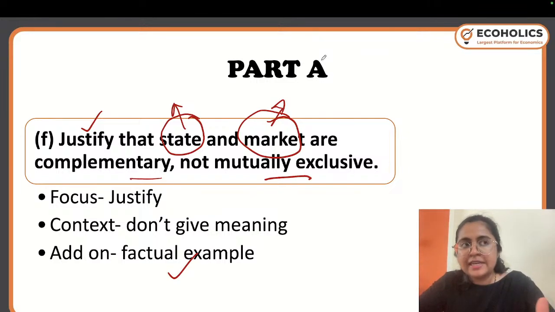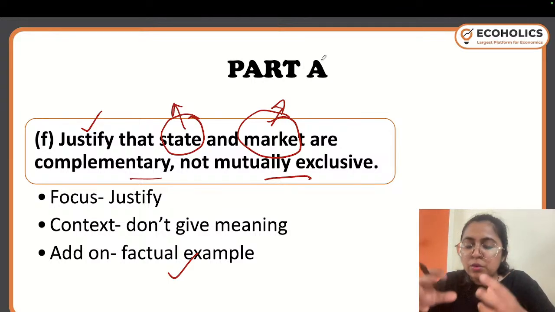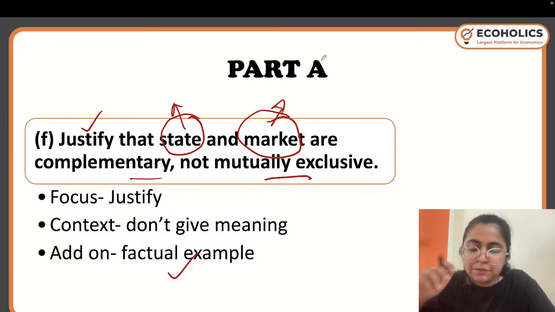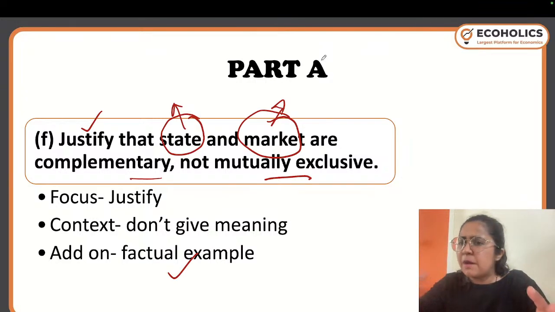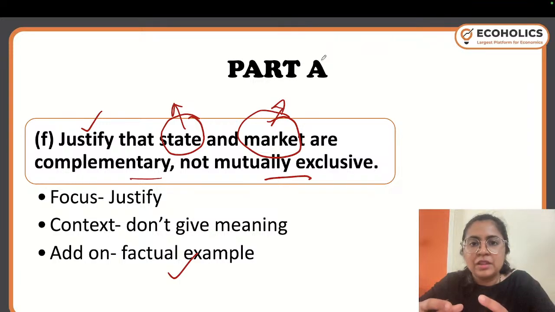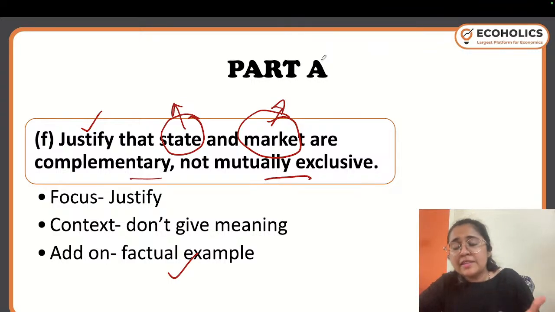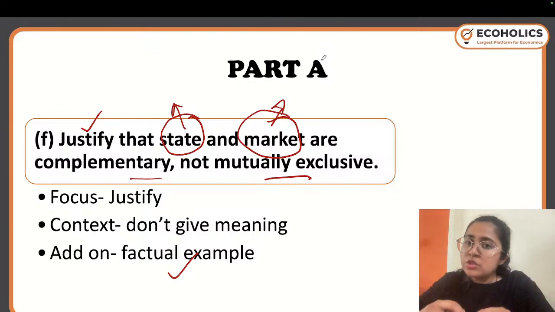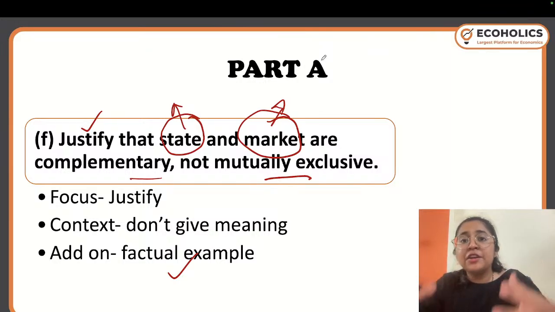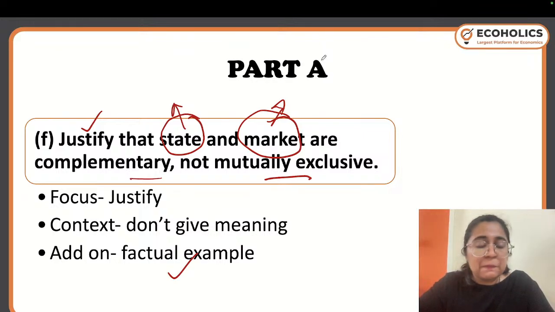No matter what you write, it is core subjective, so it will only be possible for you to write a great answer on this theme if you understand current affairs properly, if you know how government and market function together, why it was important for us to open up our economy in the 1990s, why the government's ideology of closed economy was not to be continued, and why the government started campaigns like Make in India, Startup India, and so many other schemes to make the market conducive.